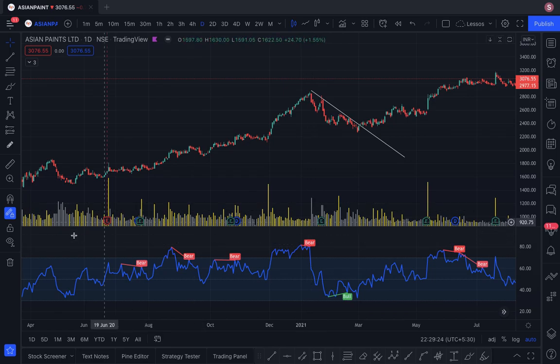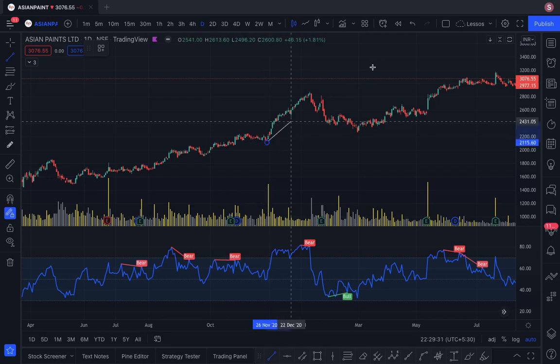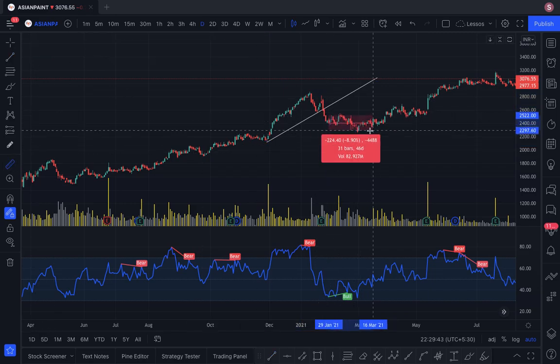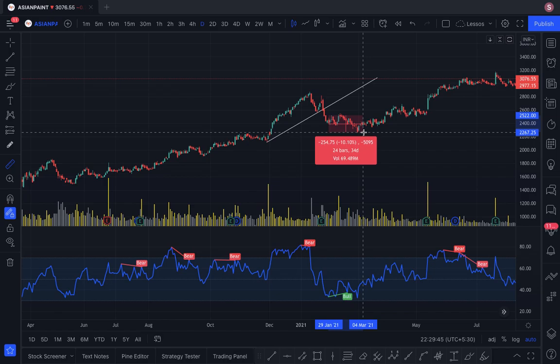Again, bearish divergence happens here. So what I'll again do, I will draw the trend line. You see, the moment bearish divergence happened, I'll come to know that bearish divergence has happened. So if I take a short trade here, it will give you around 10% in a matter of around 34 days.